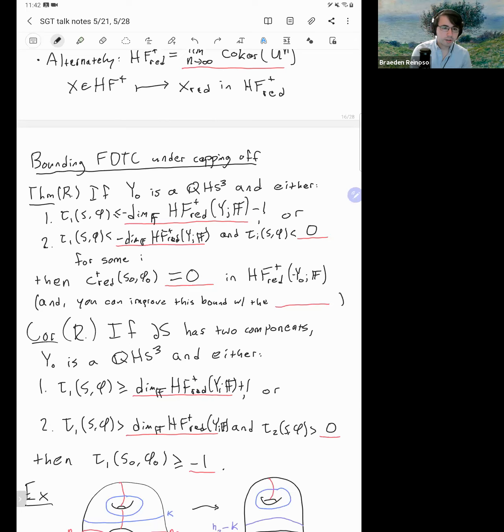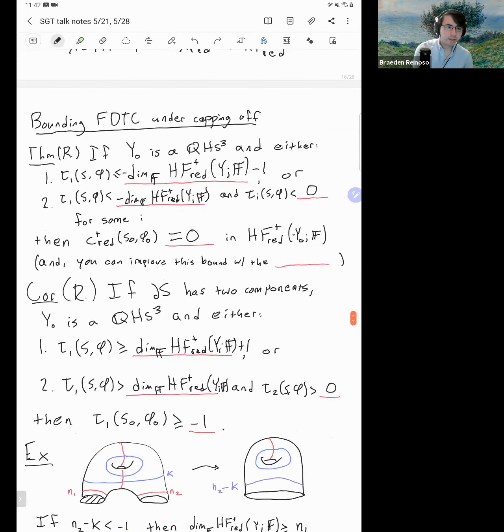Another good one that's related here, which I glossed over, but it's essentially the basis for this paper, is one by my advisor, John Baldwin, which is about capping off and the contact class in Heegaard Floer homology. It's kind of like the precursor to these results here. That one's also pretty good too.